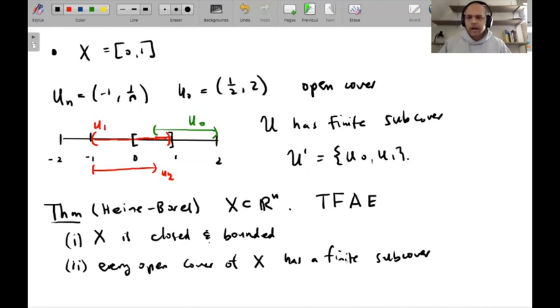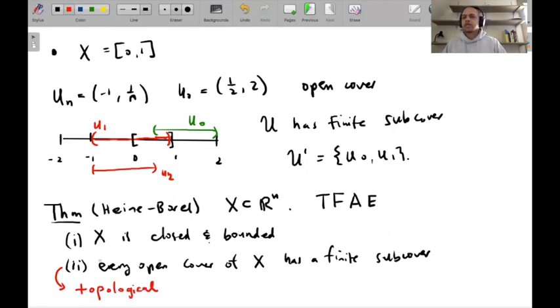Okay, so there are a few things to say. One thing to observe is that condition 2 is a purely topological condition.